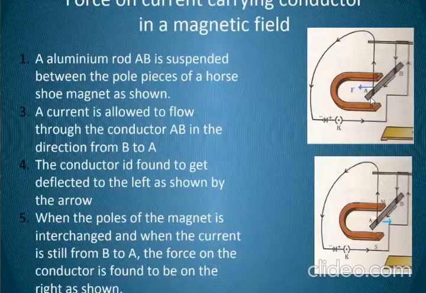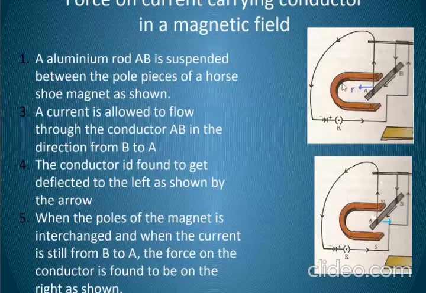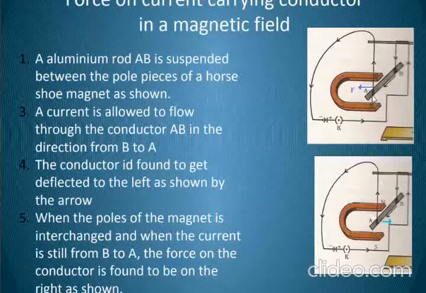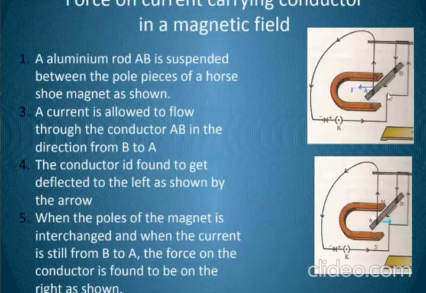So here you will see that when current is allowed to pass through this aluminium rod, then this rod will experience a force in this direction. It will get deviated into the interior of the horseshoe magnet, and when the direction of current is reversed, it will experience a force reverse of that one, so that it will be repelled outside the horseshoe magnet.